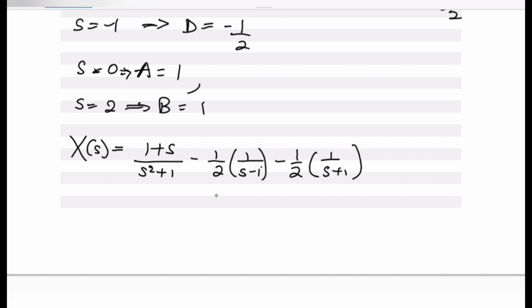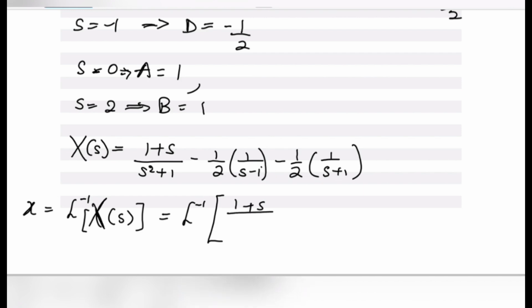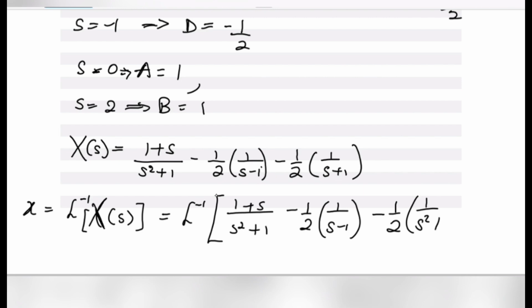And as we know, our x(t) is simply the Laplace inverse of X(s). This is going to give us the Laplace inverse of 1 plus s all over s squared plus 1, minus 1 over 2 times 1 over s minus 1, minus 1 over 2 times 1 over s plus 1.